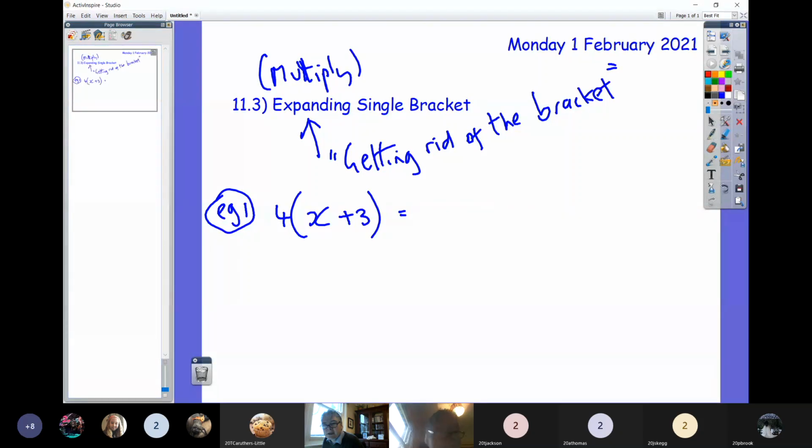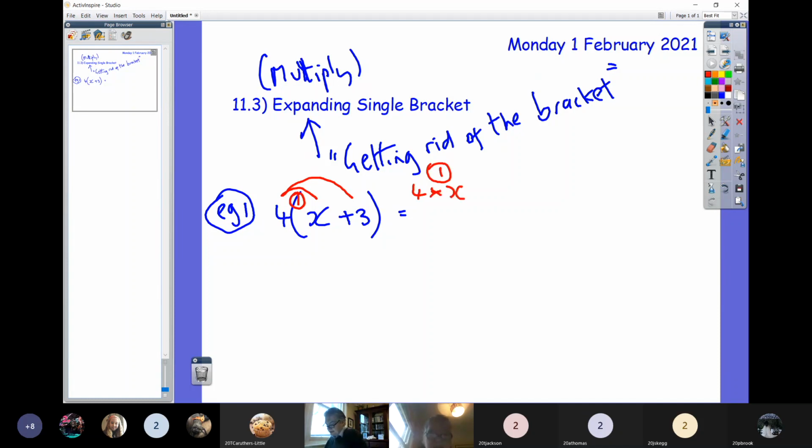I want to introduce you to what's called the claw. So we're going to go from the 4 and do a claw over to the x, and a claw from the 4 over to the plus 3. Now, whenever there is a claw, you are multiplying. So that first claw, I'm going to put a little number 1 underneath it. That first claw, you've got to do 4 times x.